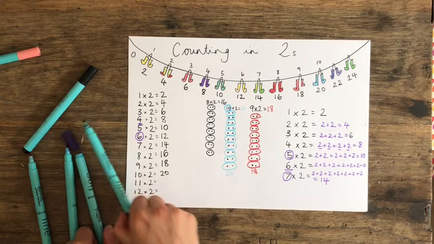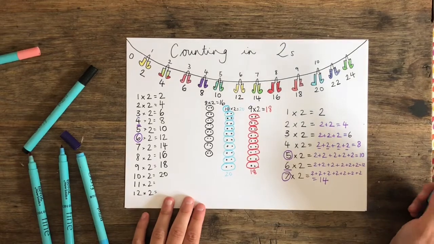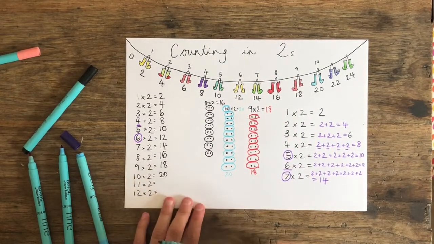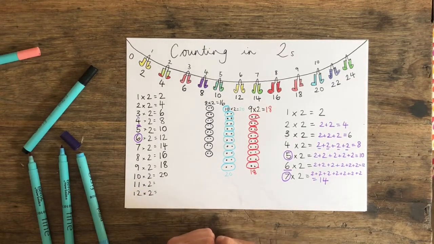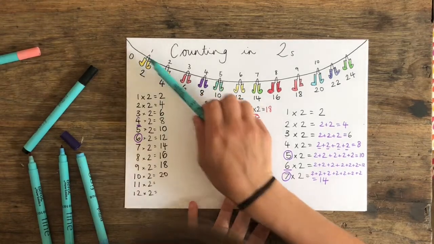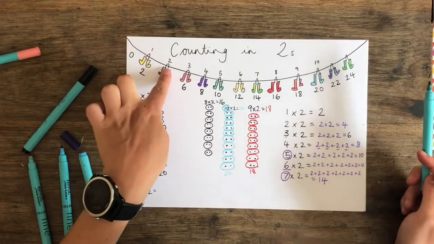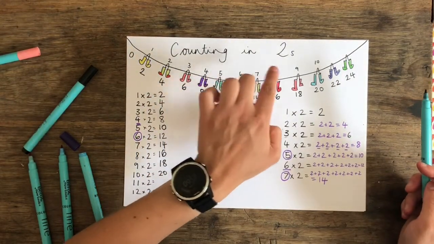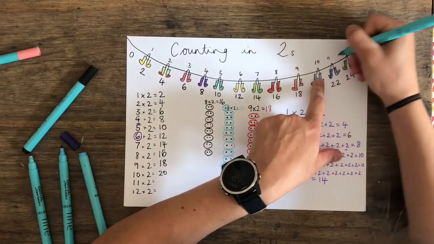We've got 2 left. Keep going, everybody, and this will be a really good way of knowing our 2 times tables, or counting in 2s. 11 times 2. What's 11 times 2? So these are our pairs of socks at the top. So I've got 1 pair, 2 pairs, 3 pairs, 4 pairs, 5, 6, 7, 8, 9 pairs, 10 pairs, 11 pairs.